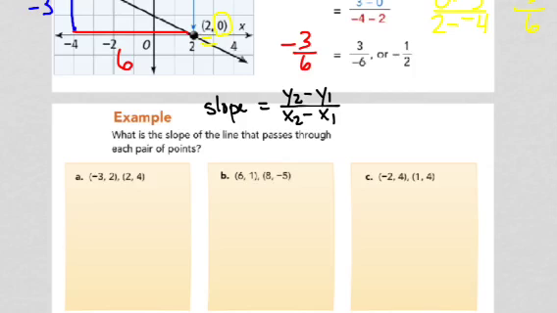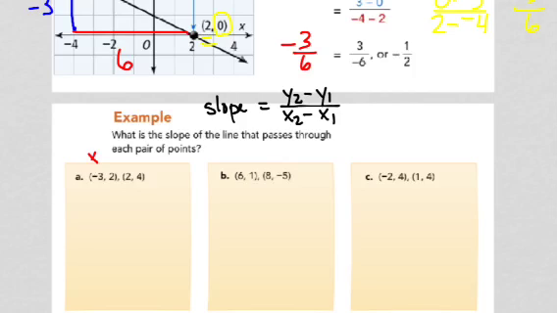Notice that we have 2 points given, so I'm going to call this one the first point and this one the second point. So since I have 2 different points with x's and y's, that's where these little subscript numbers come into play. And then over here, I'm going to write above each one which one I'm calling x1 and y1.